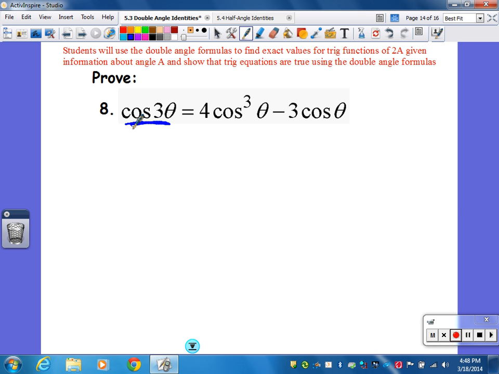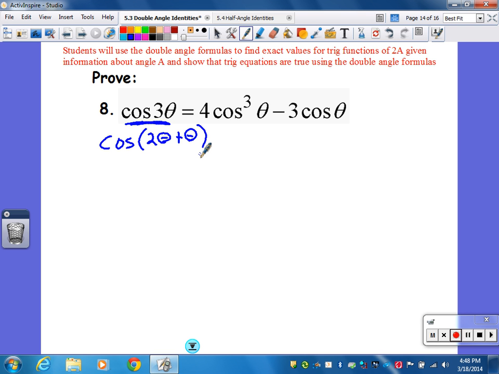Well, all we have to do is break apart the angles into cosine of 2 theta and then plus theta. Like, oh, okay, and now we're going back to the previous lesson, kind of like what we started with in the beginning here.